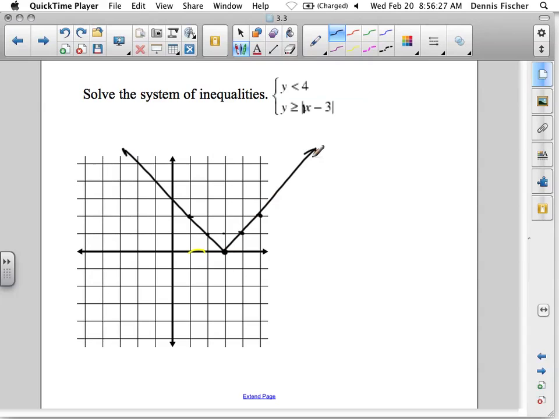Shading. Which point? 0, 0 is the easiest point again. It's not going through there. 0 is greater than 3? False. So if 0 doesn't work, shade the inside. Now here's a little hint.